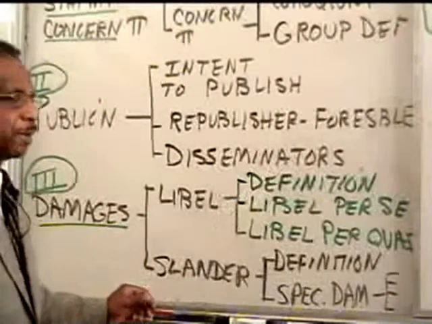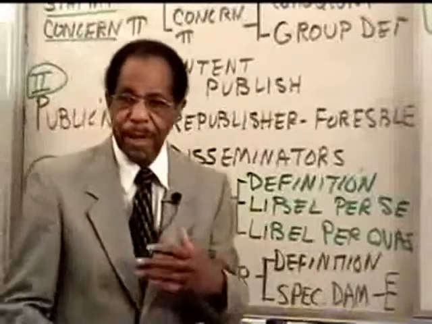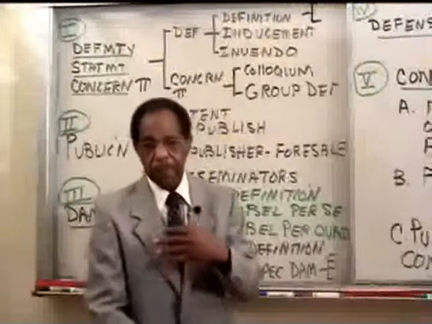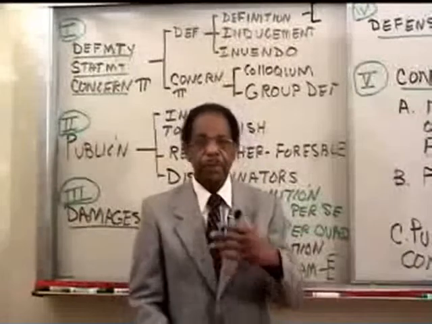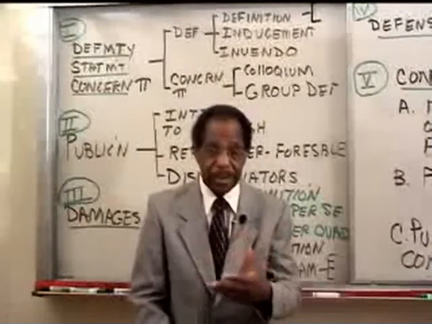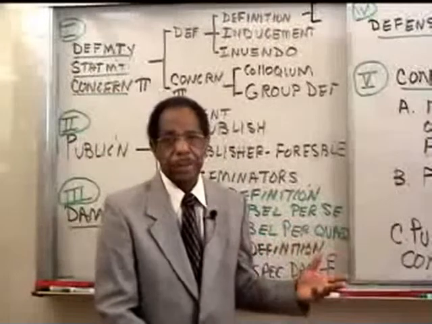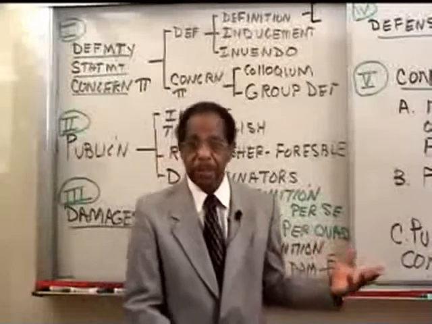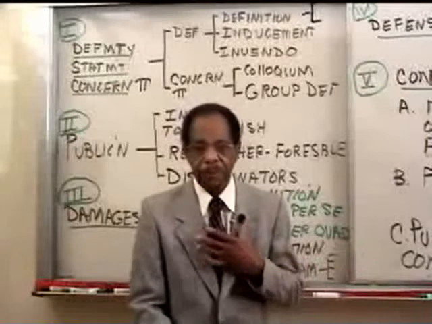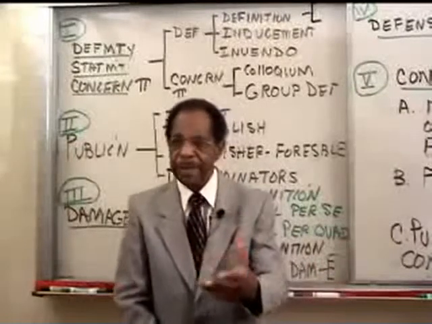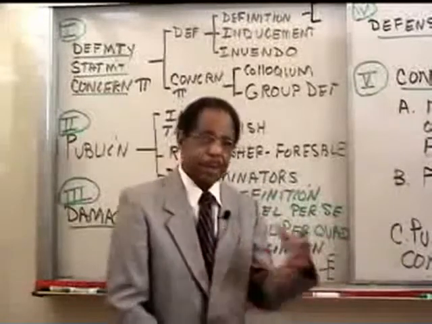And also I might mention that if I orally make a statement to the news reporters, and that's slander, but then the news reporters put it in print, and so now it's libel. Am I liable only for my original slander, or am I liable for the libel?